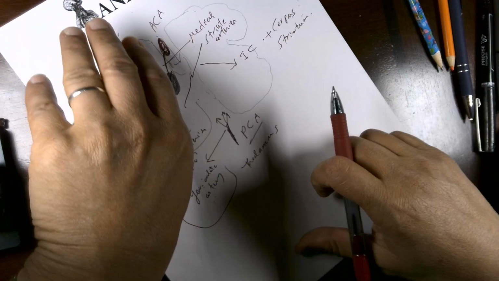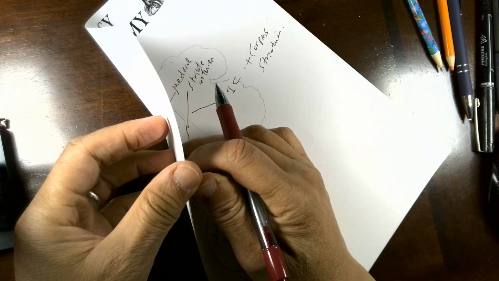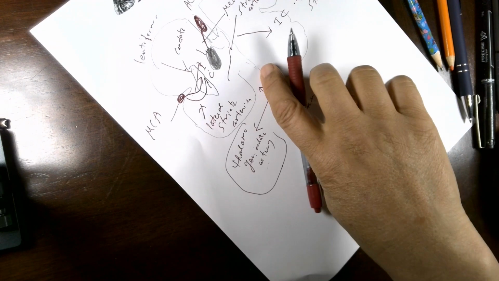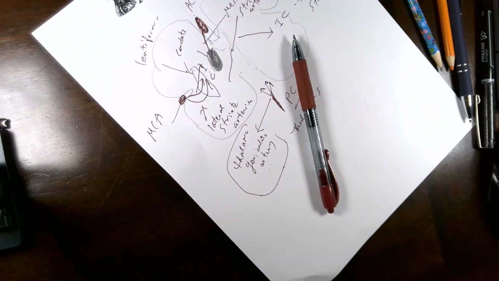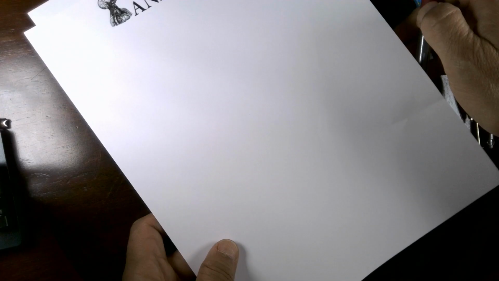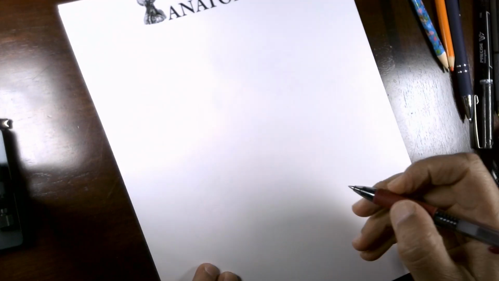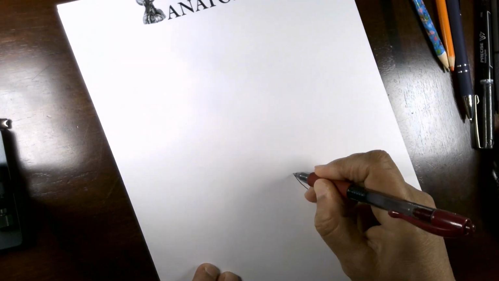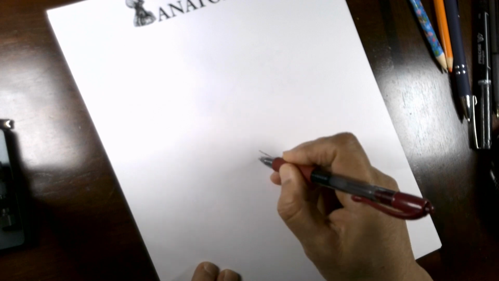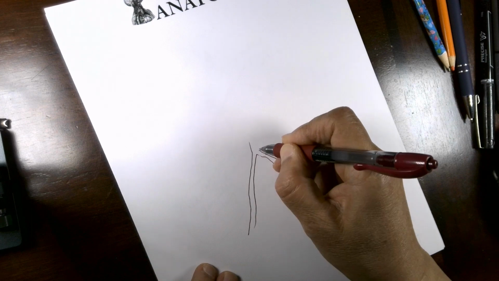Before I leave this part, let me quickly review the vertebrobasilar system. So this is the vertebral artery, joining the vertebral artery from the other side, forming the basilar artery.